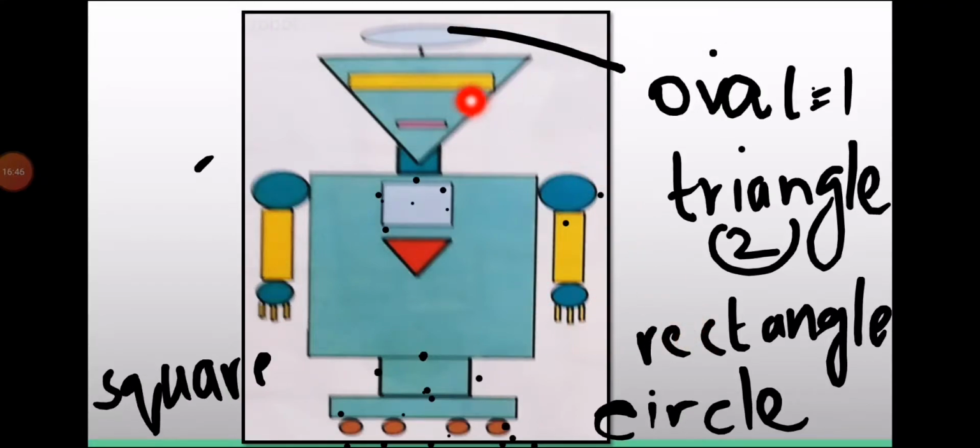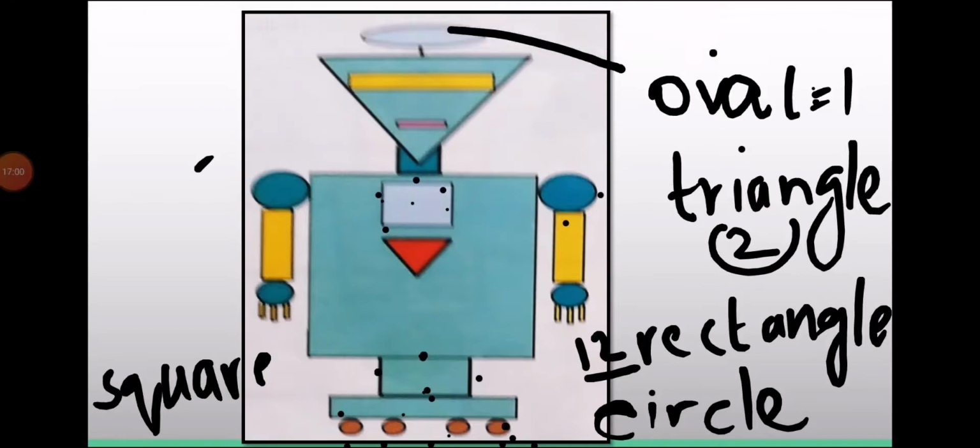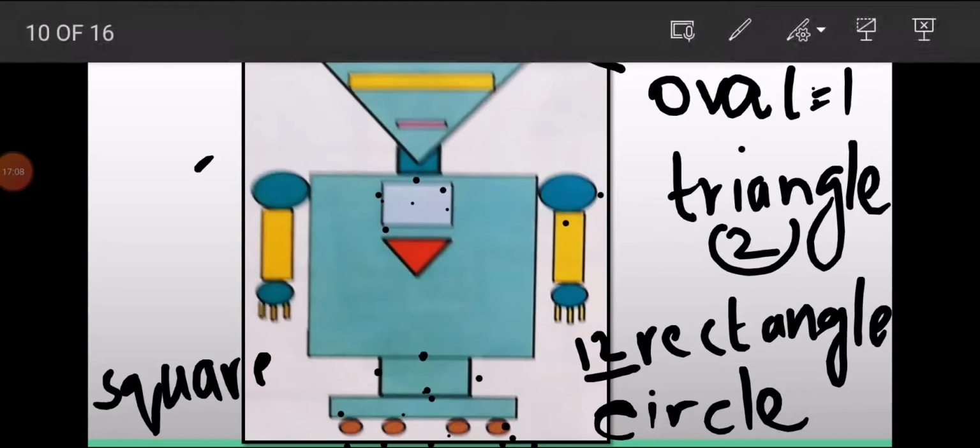There are lots of rectangles here. 1, 2, 3, 4, 5, 6, 7, 8, 9, 10, 11, down to 12. So there are 12 rectangles. Right? Now the next one, circle. Count the circles. 1, 2, 3, 4 and 4 down. 4 plus 4 is 8. So there are 8 circles here.